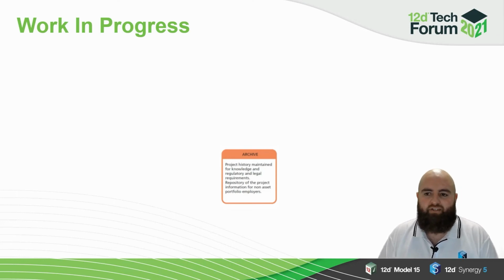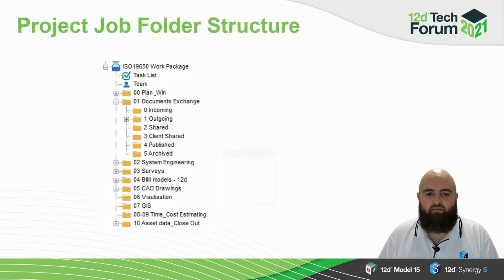All of that information is then archived and you can bring back the data that had previously been created on that asset. And that's pretty much key to why ISO 19650 exists, utilising the information as best you can for the life of the asset.